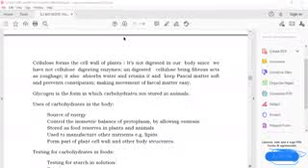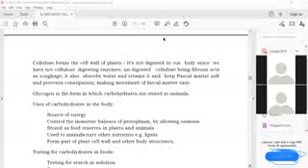Okay, yeah, that is very good. We have just been talking about that, how they are stored. They are stored as food reserves in plants and animals. Very nice. And that's what we have discussed previously about the difference between starch and glycogen.